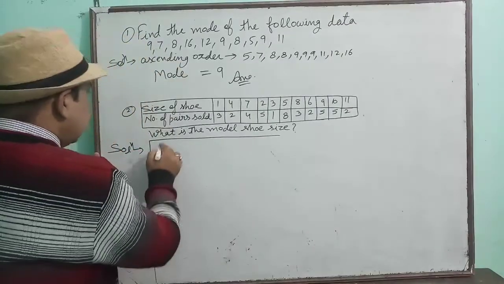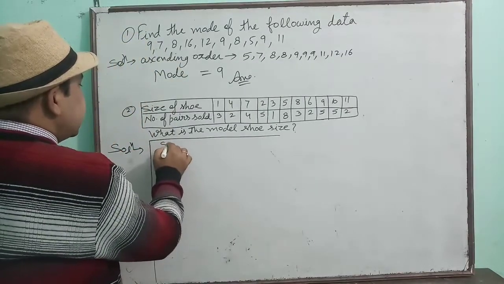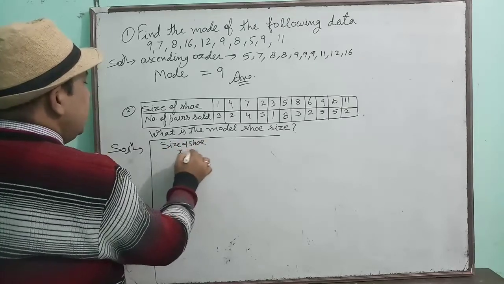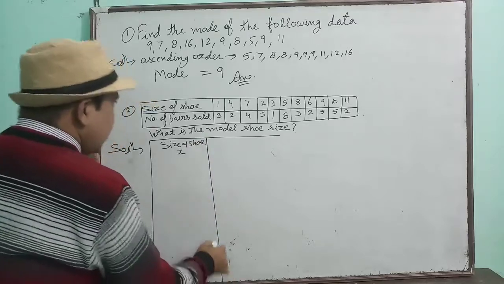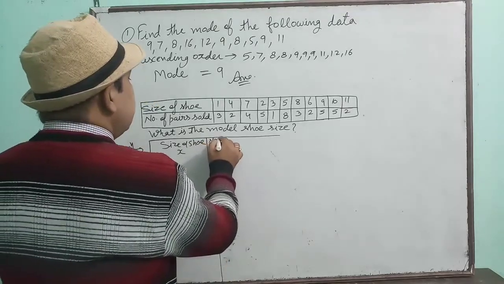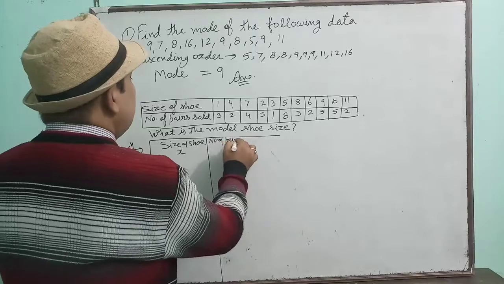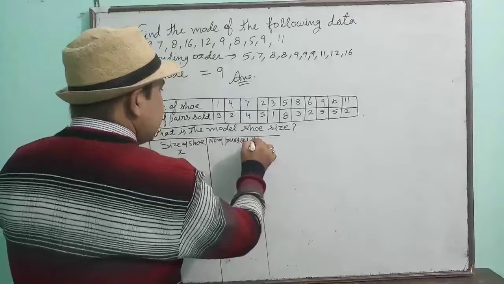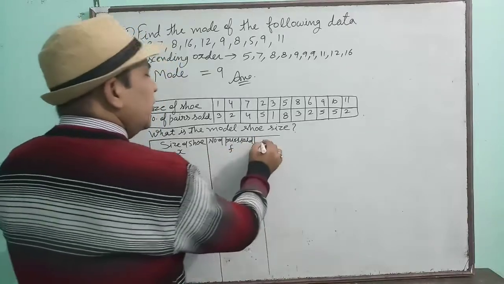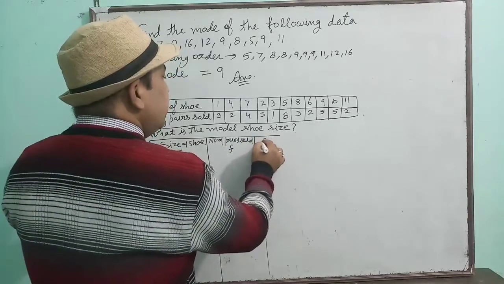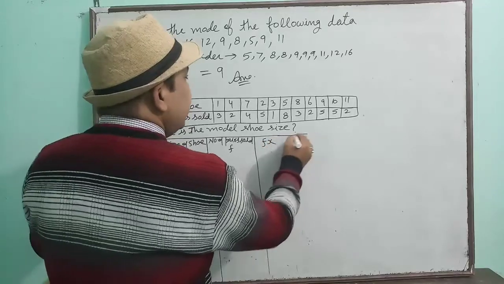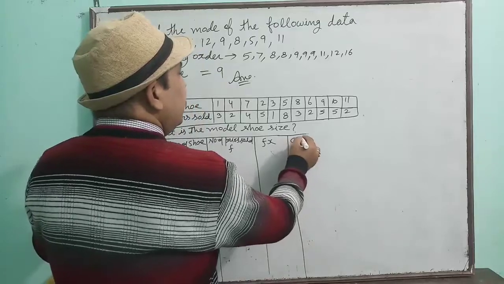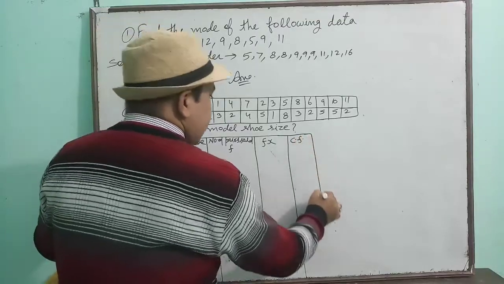See here, the first column is size of shoe, which is the observation. The second column is frequency, which is the number of pairs sold. For the third column, to find the mean we need frequency into observation, and to find the median we need cumulative frequency.